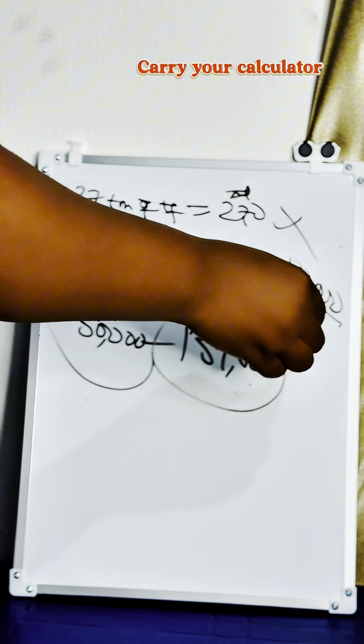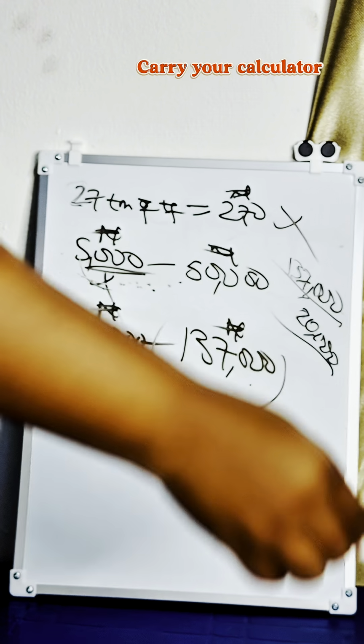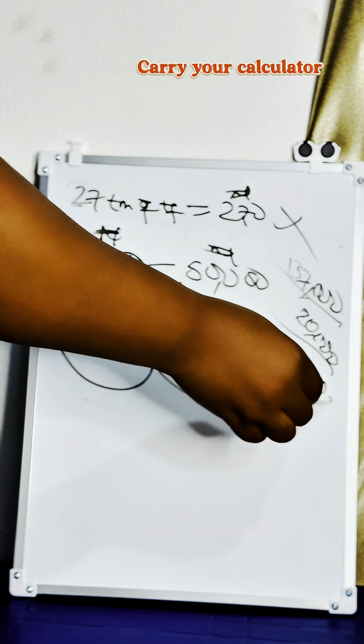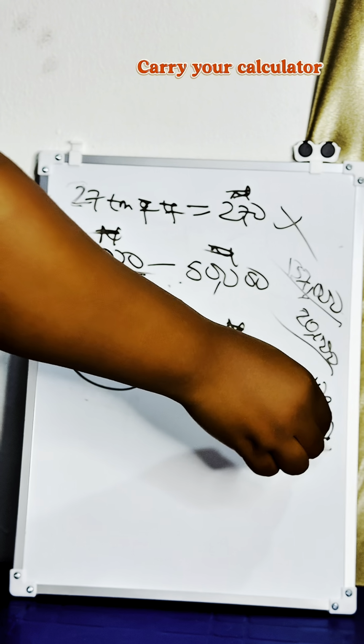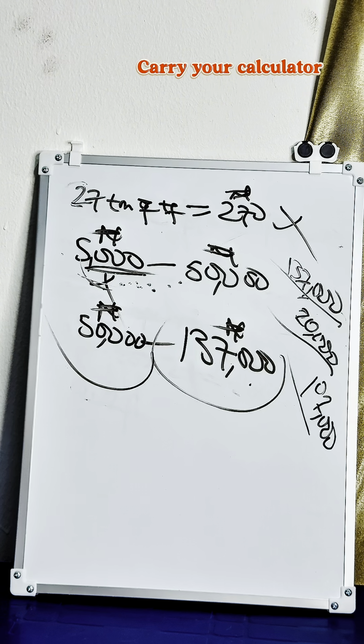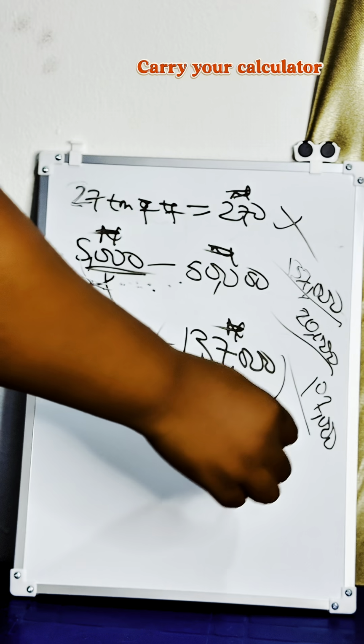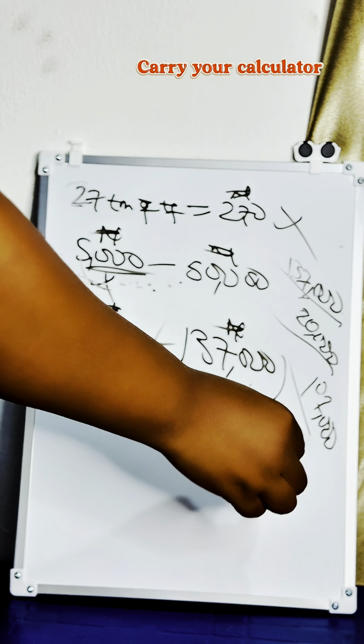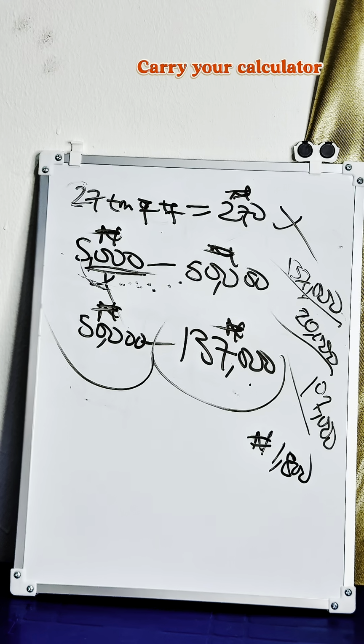That's 20,000 and you will now be working with 107,000 naira, which might not give you your profit of 1,800 naira. Do you see?